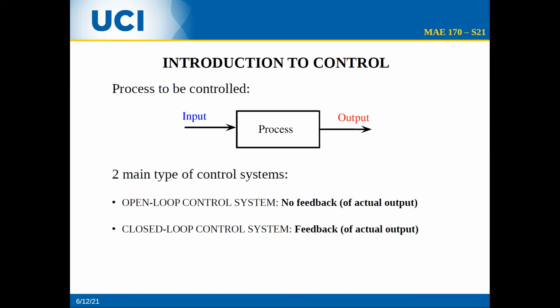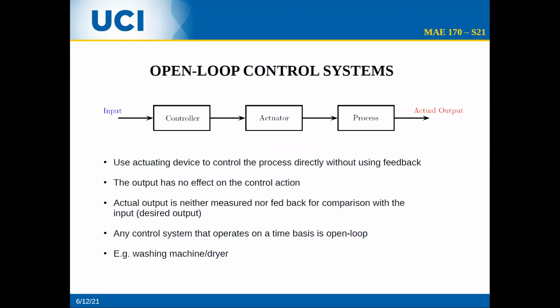And instead, the closed loop control systems are much more reliable because we can actually measure the output and adjust through the controller, actuator, and process. So if the process per se does not behave like we want, well, we can add the controller and actuator.